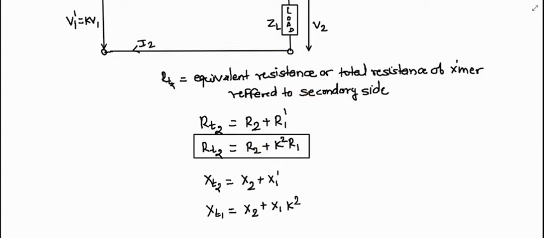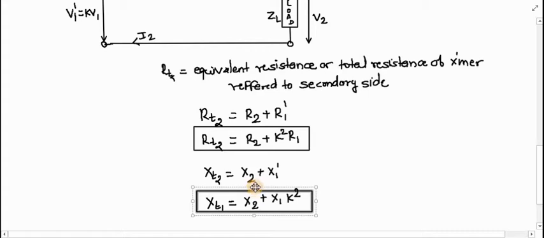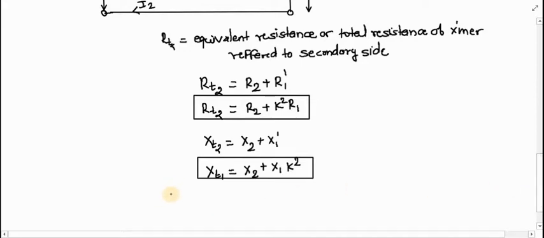So your XT2 is equal to X2 plus X1 into K square. Where K square R1 and K square X1 are equivalent resistance and reactance of the primary winding referred to the secondary side respectively.